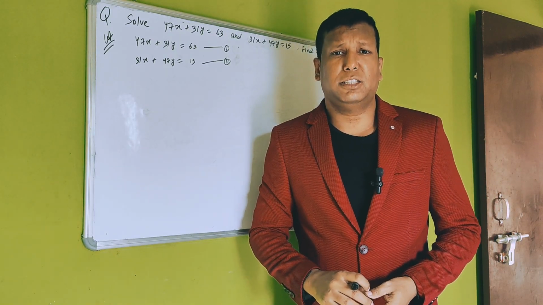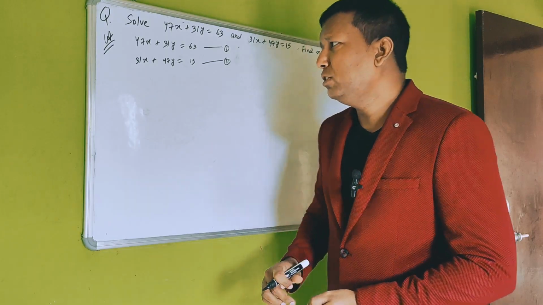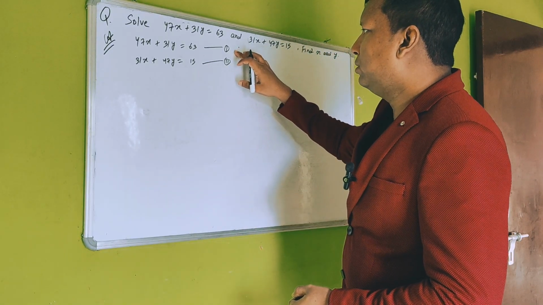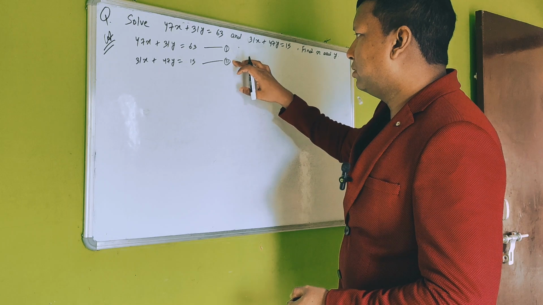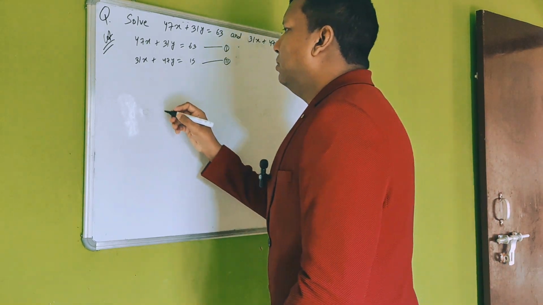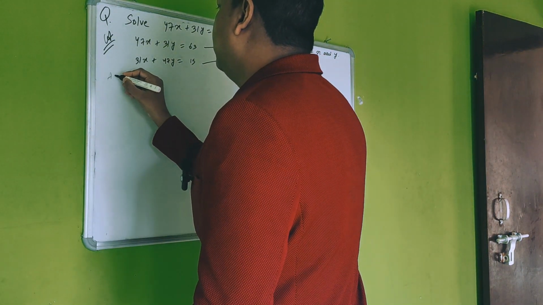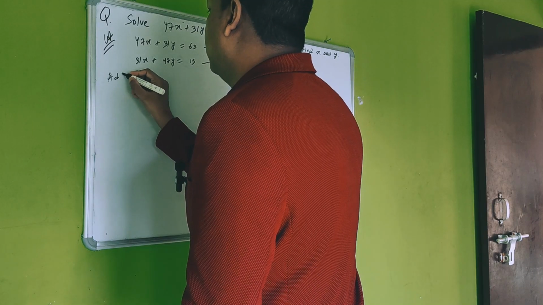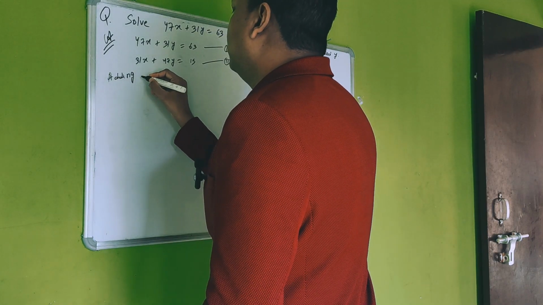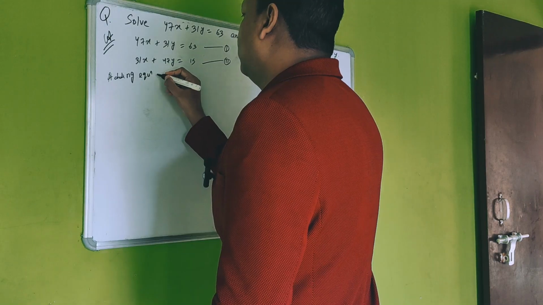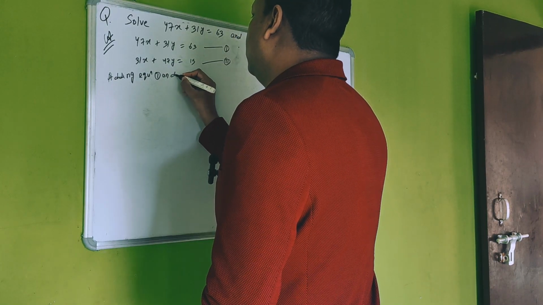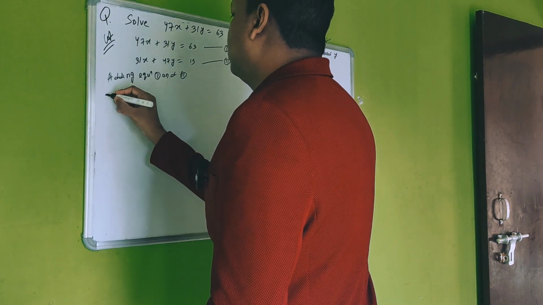So let's make this simple. For this, first you need to add the equations, then subtract the two equations. So here, adding equation 1 and 2, making the equations too simple.